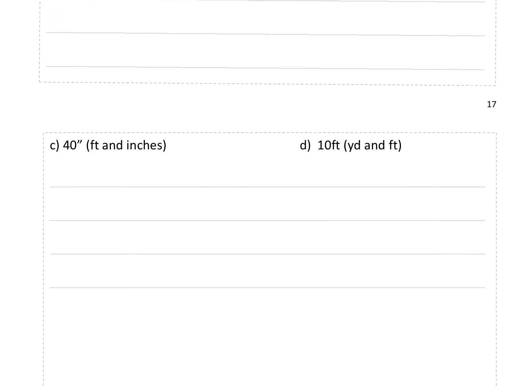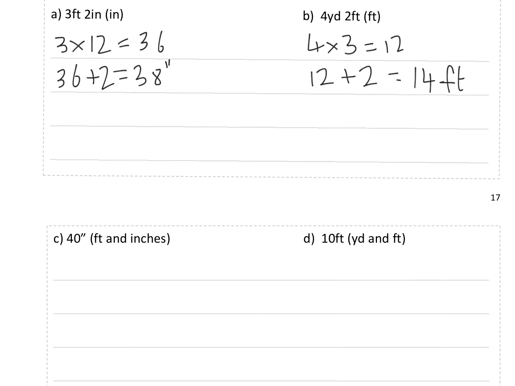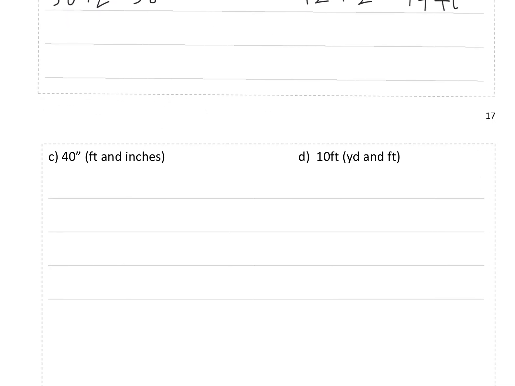Part C, we've got 40 inches and we need to change that into foot and inches. Remember that it is 12 inches that make a foot. So we need to see how many times 12 goes into 40. So 40 divided by 12, well, 12 3s are 36, and that would be a remainder, or what's left over, would be 4.